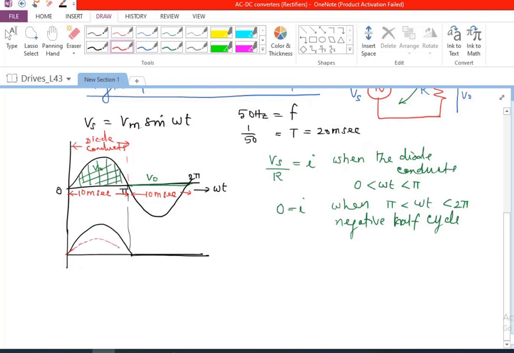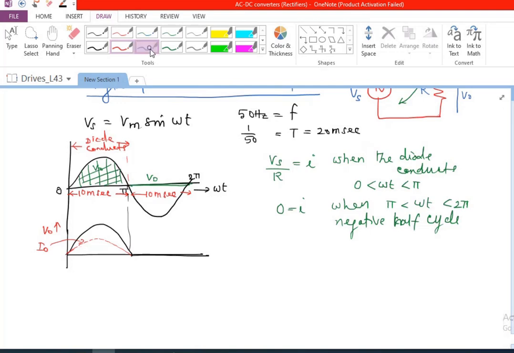So that will also be sinusoidal. So this is V0 and this is I0, which is actually flowing through the resistance itself.